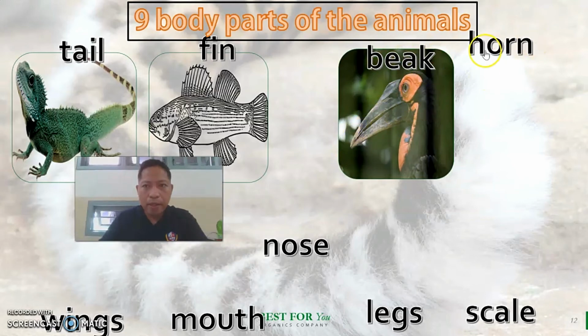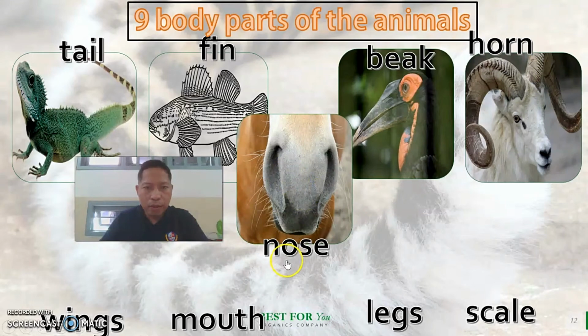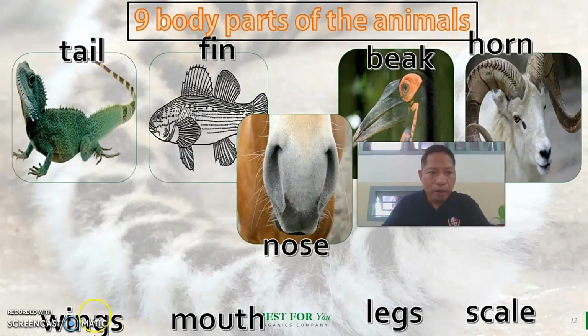Remember, okay? Next is a horn. A horn, like this, is permanent on the head of the animal. It's a horn, H-O-R-N. Next is a nose, N-O-S-E, nose. Next we have wings.